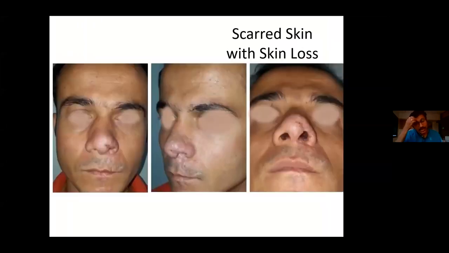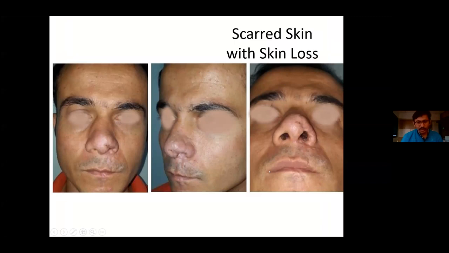Now, scarred skin with skin loss. This gentleman had a motor vehicular accident, and there was a skin loss at the left side ala at the lateral crus, and also the soft triangle.